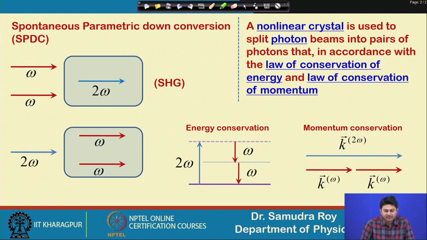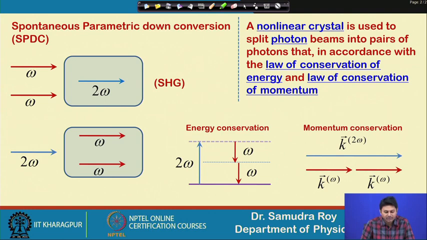So, this is a special case. I am launching a frequency 2 omega and I want to generate two frequencies omega and omega coming from this 2 omega frequency, and the energy and momentum conservation are still valid.